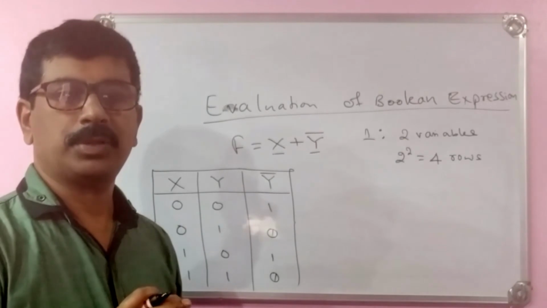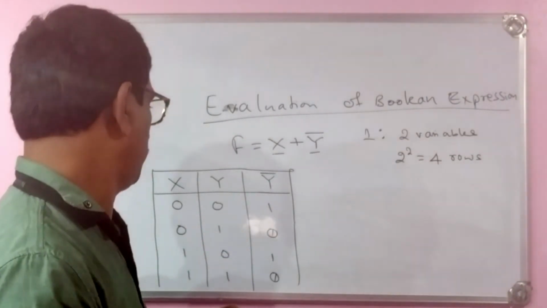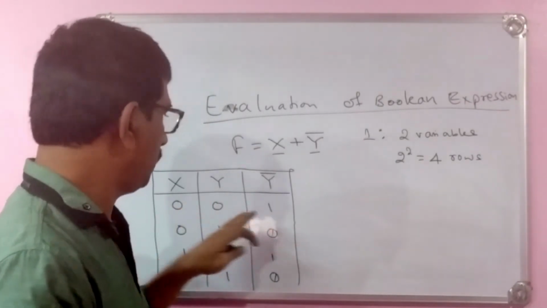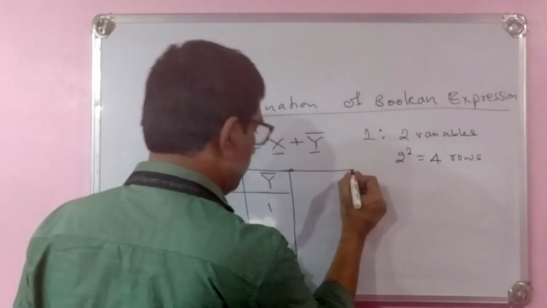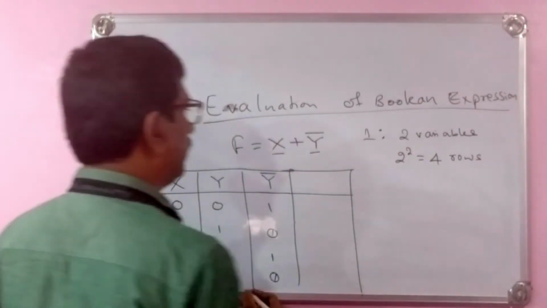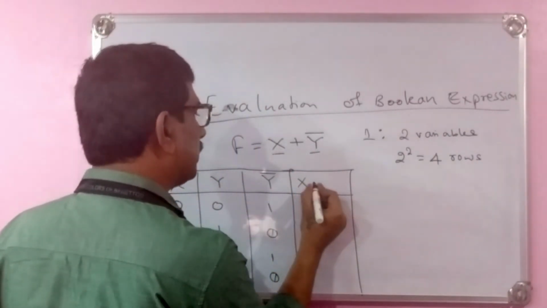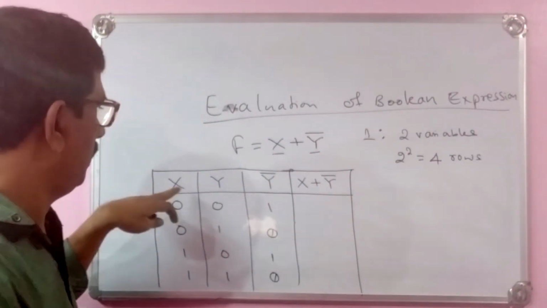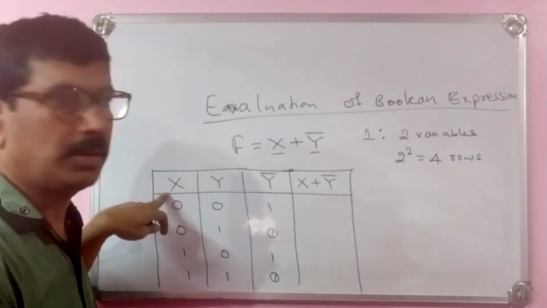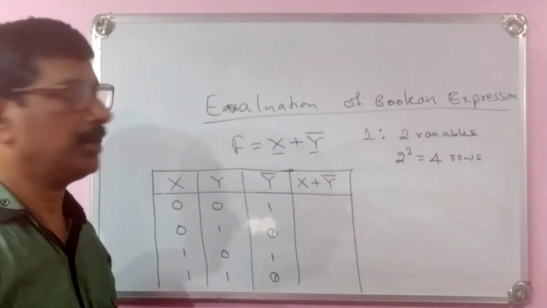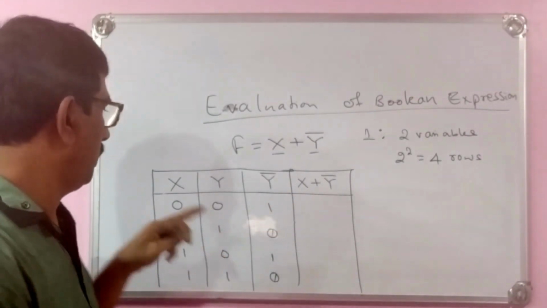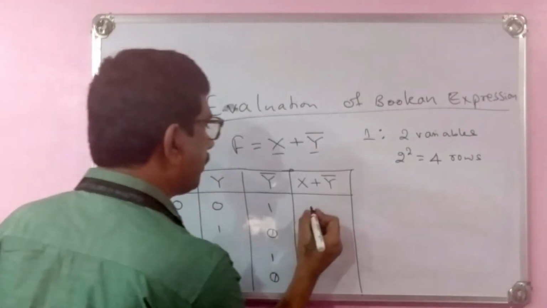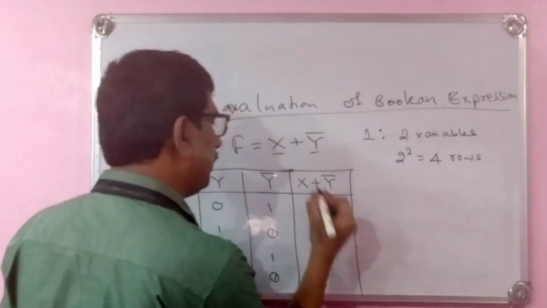Now step 4. Now we have to take the result, x plus y bar. Since we know y bar as well as x, we can evaluate the expression. For x is 0 and y bar is 1, 0 plus 1 is 1.